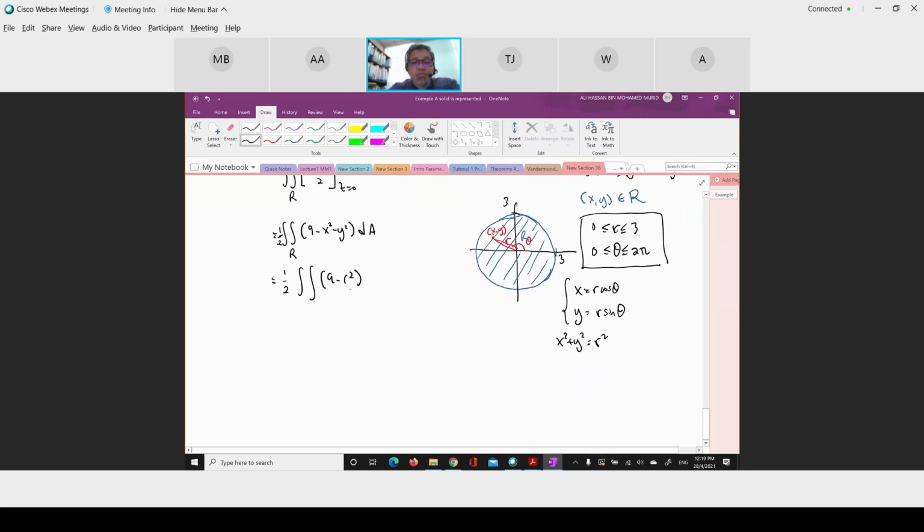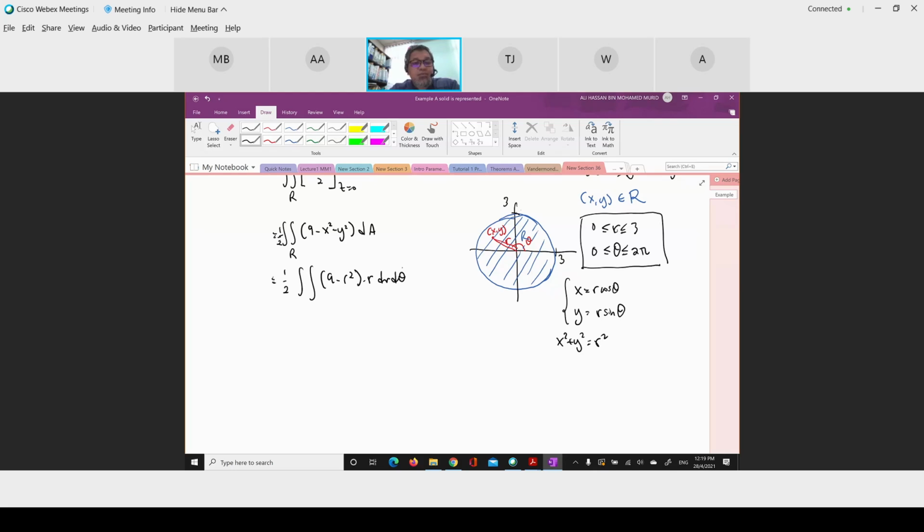Remember, we also have r dr d theta. For the area element in polar coordinates, it is r dr d theta. So don't forget that r.